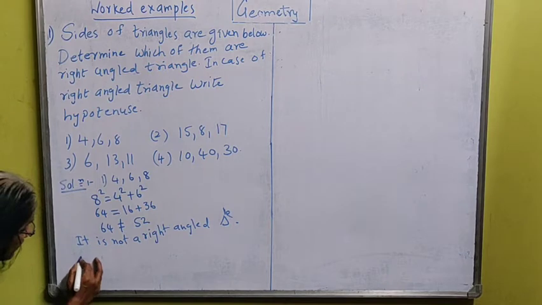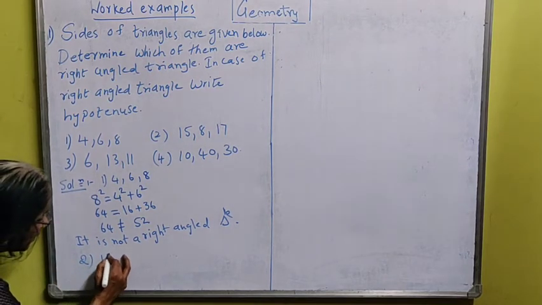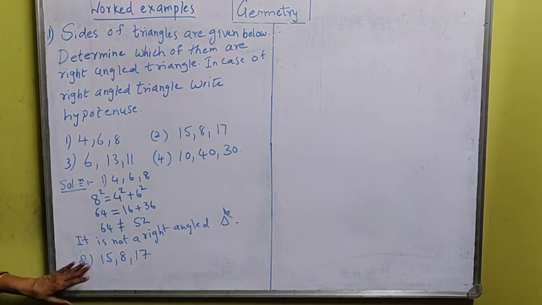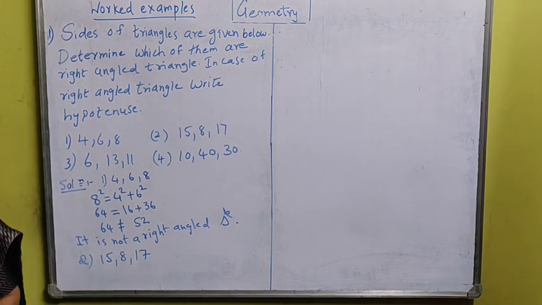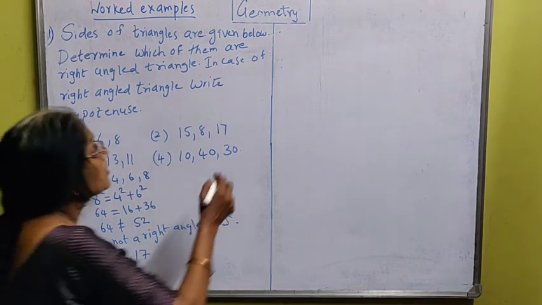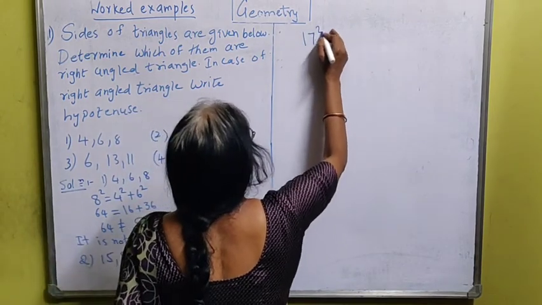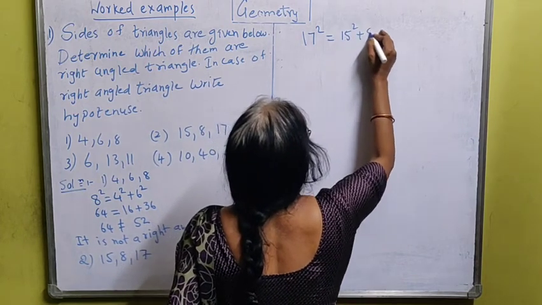Second sum is given. It is given 15, 8 and 17. Okay. In this, which is the hypotenuse? Now you can identify. 17 is the hypotenuse. So we have to show that 17 square is equal to 15 square plus 8 square.